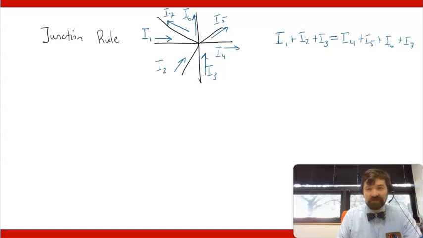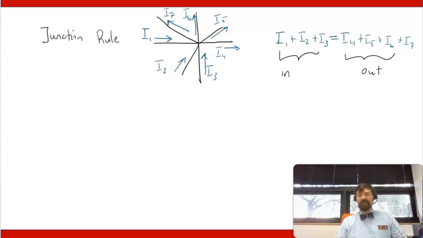Essentially I'm just following whether the arrow is pointing towards the junction or away from it. So this is current into, and this is current out of. And again, it's very much analogous to that continuity equation. If I take a hose and hook it up to a faucet, I turn the faucet on, some water comes out of the faucet, and then at the other end of the hose, some water also comes out of the hose.